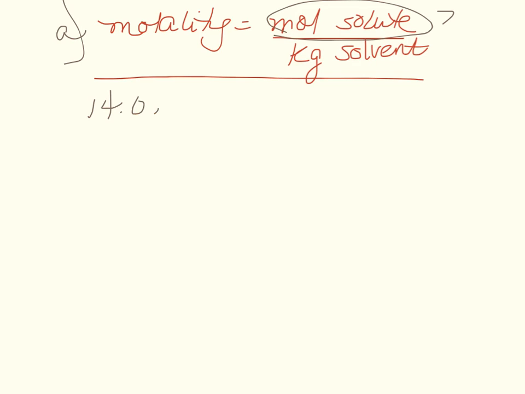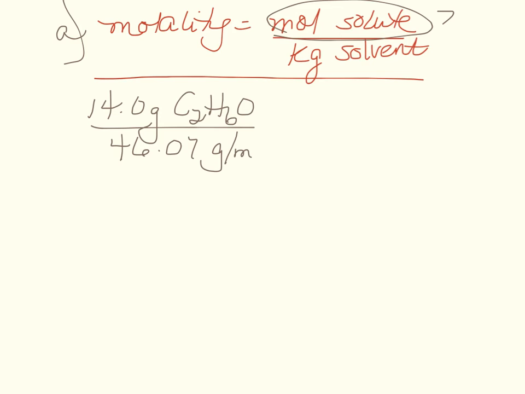We have 14 grams of ethanol. Okay, and so we can get moles, right? We just have to divide by the molar mass of ethanol. So the molar mass of ethanol is 46.07 grams per mole.